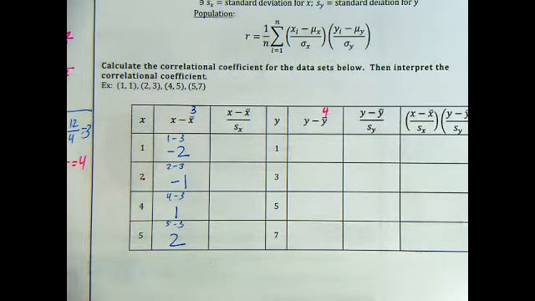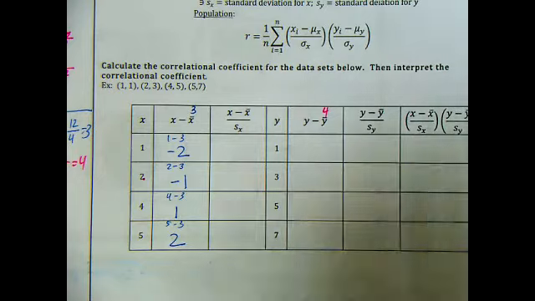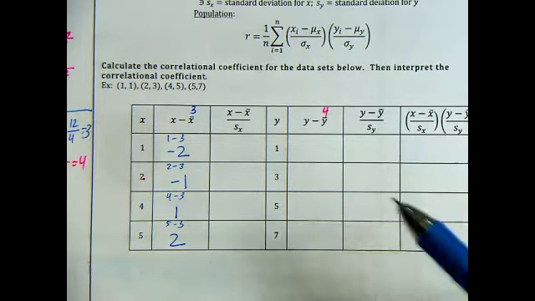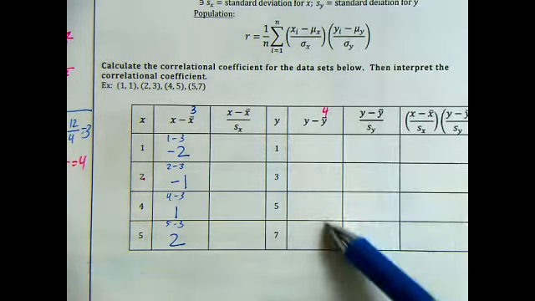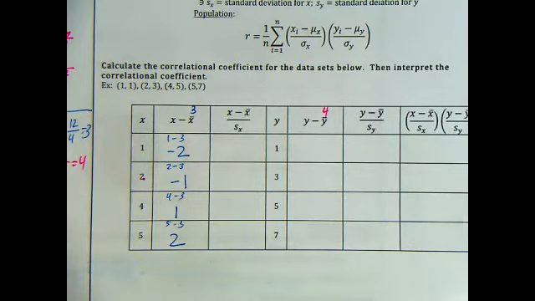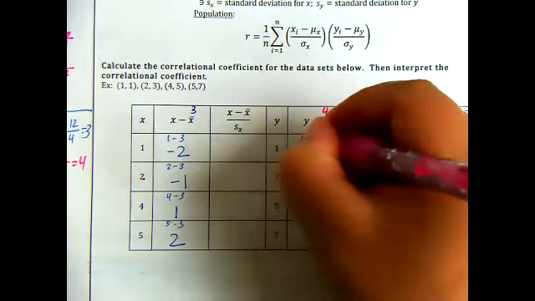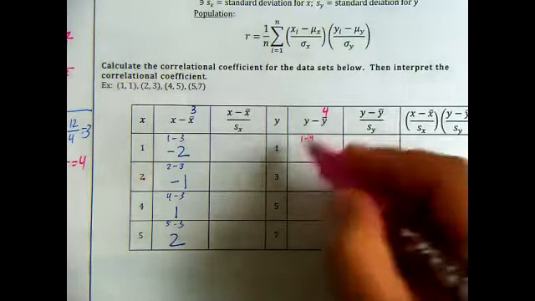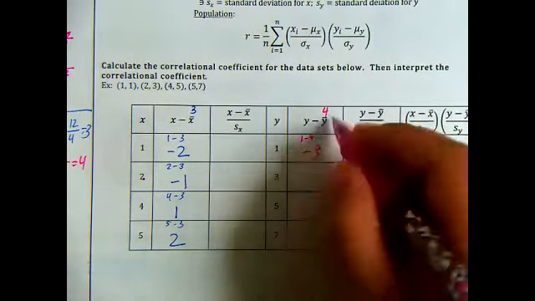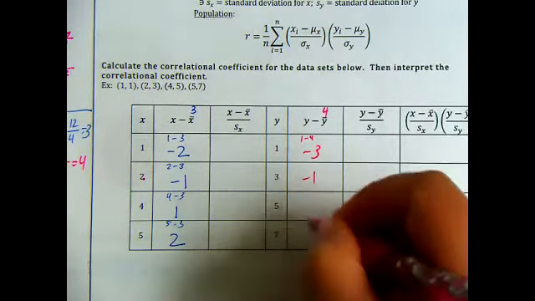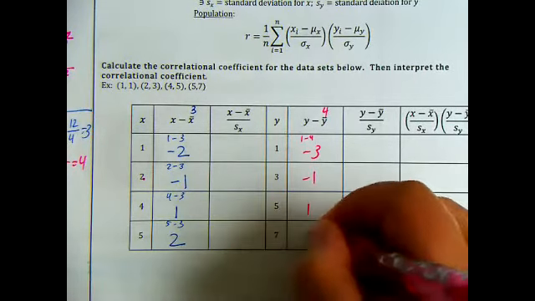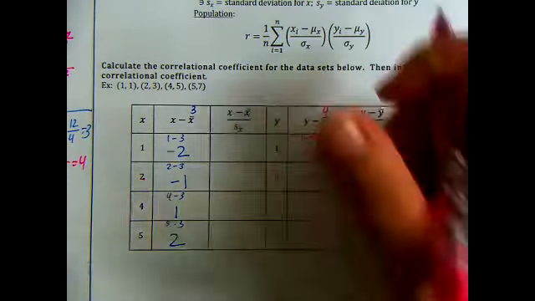All right. So then we do the same thing for the y's. So this is going to be 1 minus 4 and so on. 1 minus 4 is negative 3. 3 minus 4 is negative 1. 5 minus 4 is 1. 7 minus 4 is 3. Okay, so that's how we get those values.